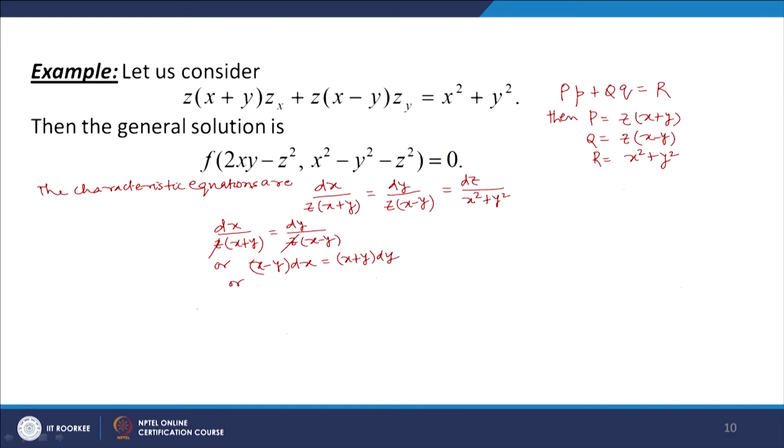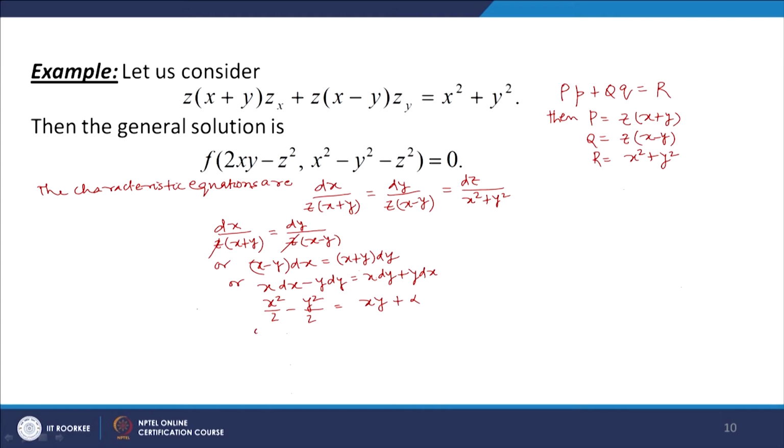I can write it as x dx minus y dy equal to x dy plus y dx. Integrating both sides, I have x square by 2 minus y square by 2 equal to xy plus some constant, say alpha.